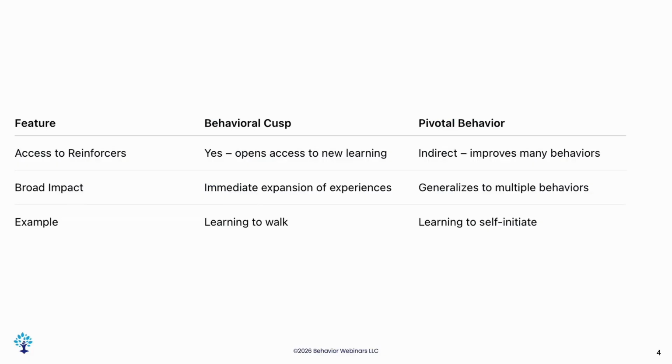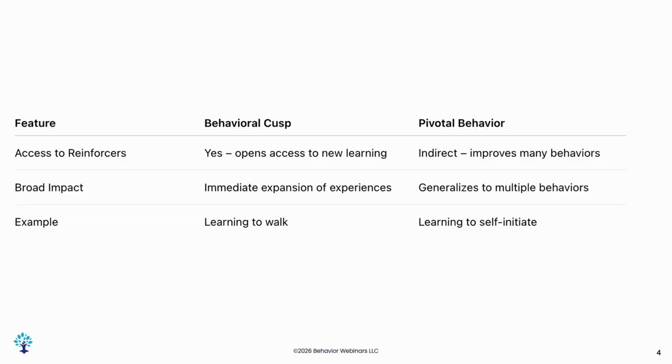A lot of times behavior cusps get confused with pivotal behaviors, and they are very similar. But it's good to understand the difference. And we talked about pivotal behavior therapy or pivotal behavior training before. So a key feature is their access to reinforcers. The behavior cusps open access to new learning opportunities.